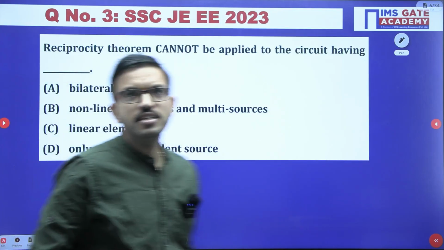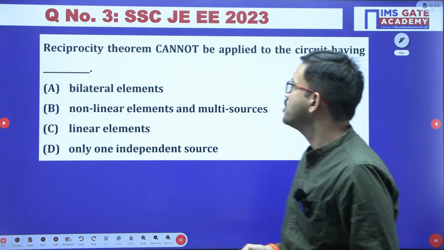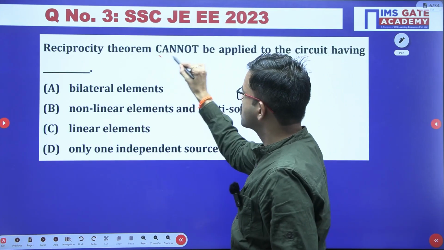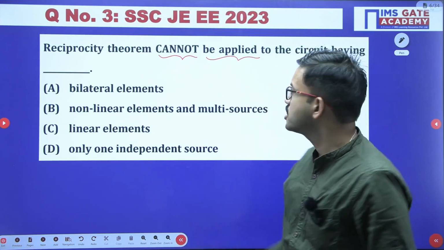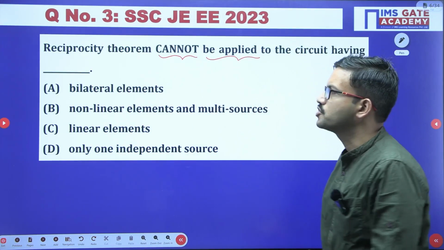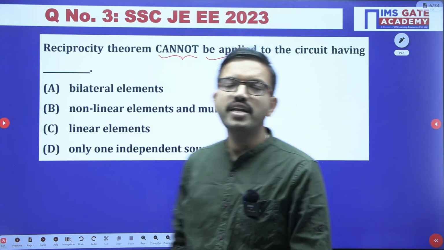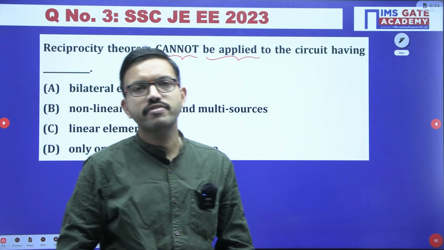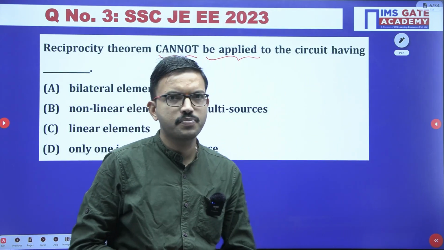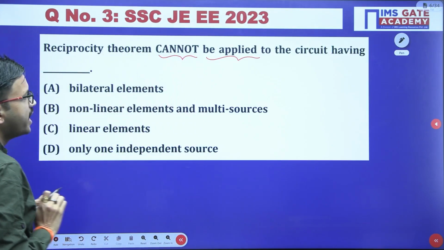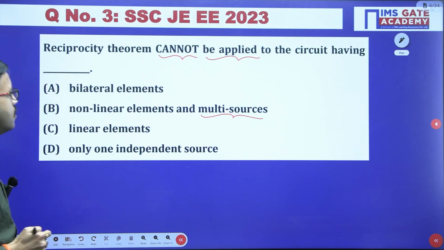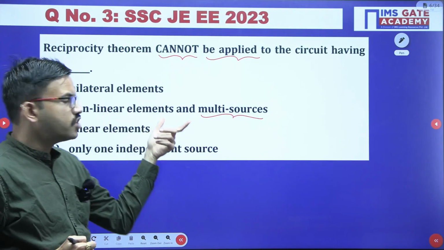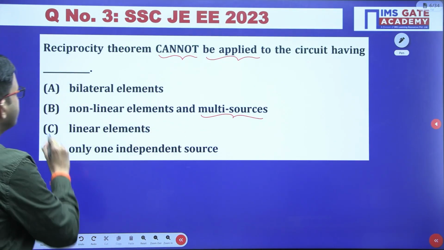Next one, this is also based on reciprocity theorem. Here also the context is: reciprocity theorem cannot be applied to the circuit. Just now we mentioned that when multiple sources are present in a given circuit, we cannot apply reciprocity. Here you are having multiple sources, present in only one option, so obviously that option will be correct.